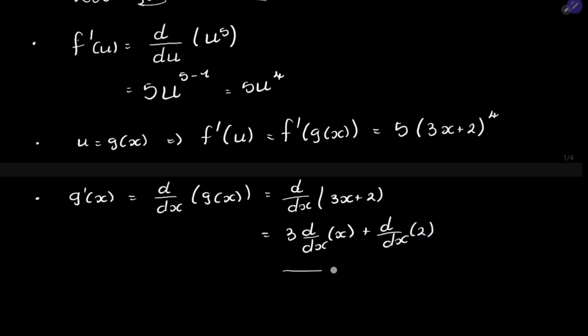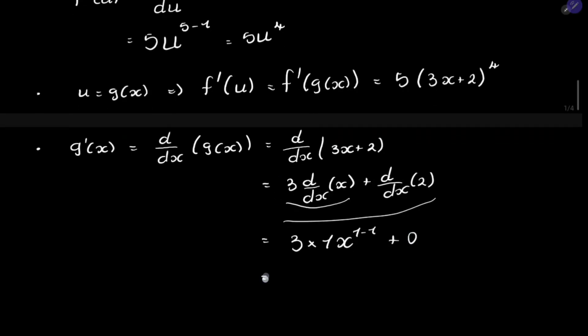If you notice, in this case, I have used the sum rule and the constant multiplier rule. This gives us 3 times the derivative of x, which gives us 1, x to the 1 minus 1, plus the derivative of 2 using the constant rule gives us 0. This gives us 3 times 1, which gives us 3.